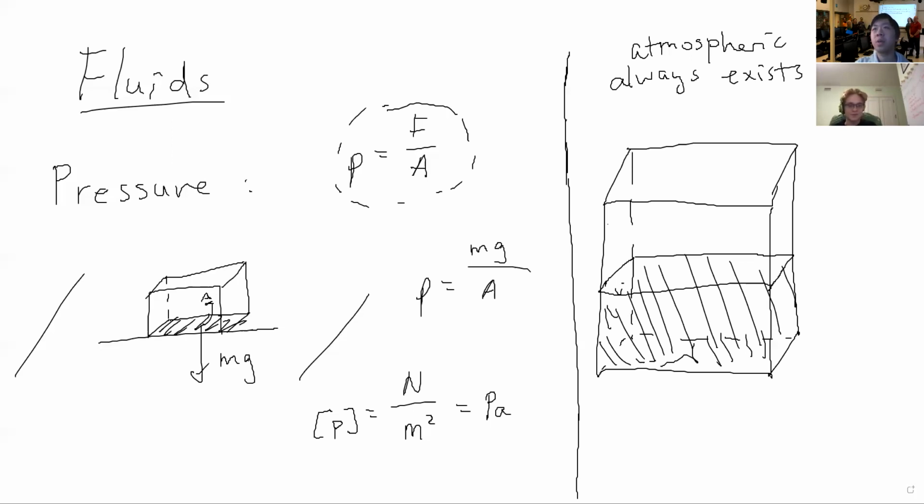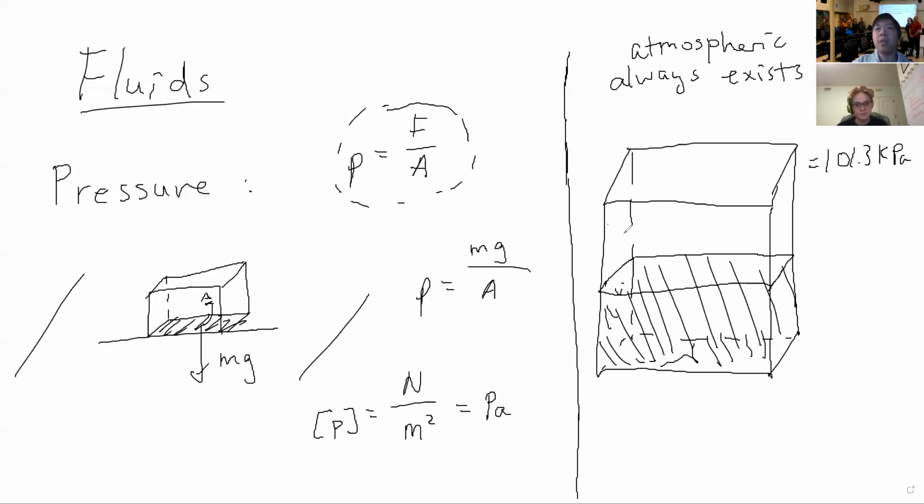Near the surface of the Earth, we say it's roughly the same. It's called 1 atm. So do we know the conversion between atm and pascals? It equals 101.3 kilopascals. You don't have to know this, but it's just here.